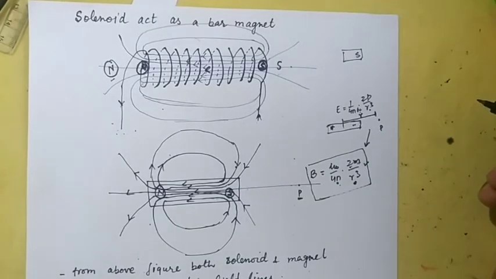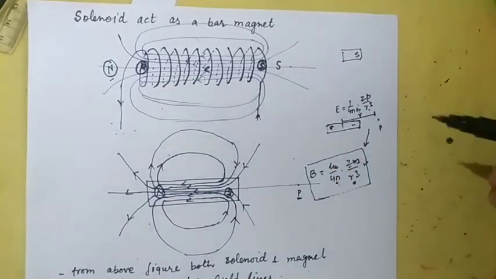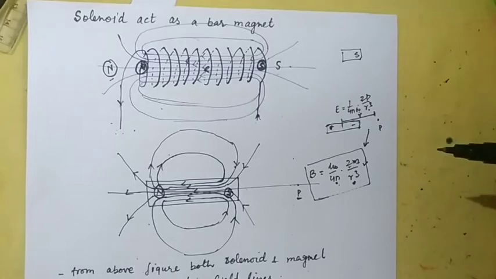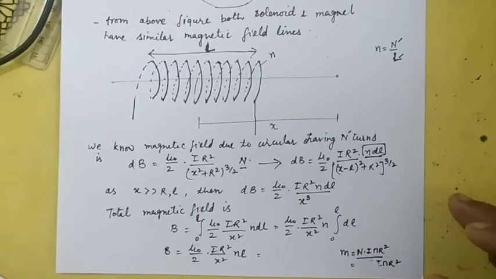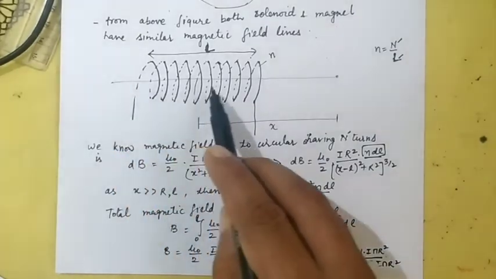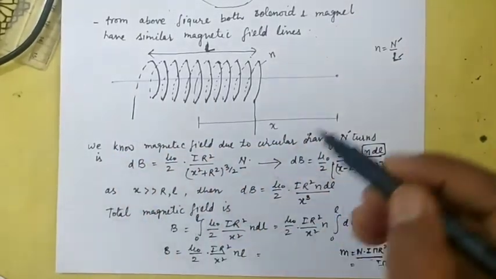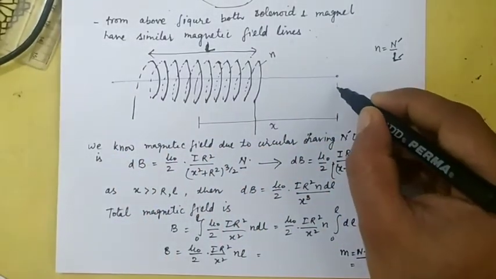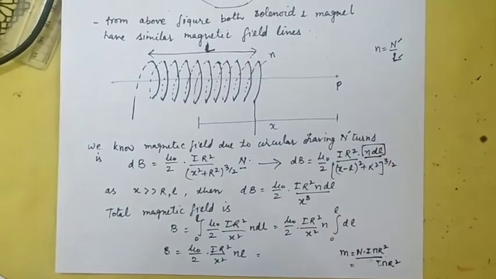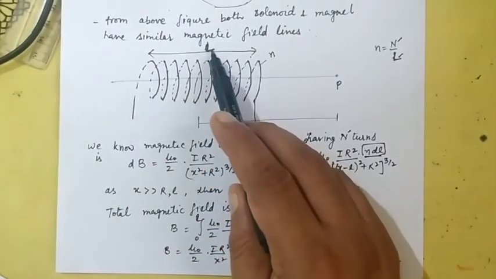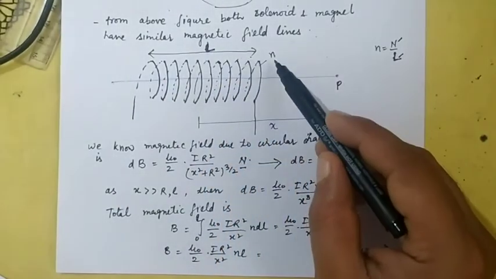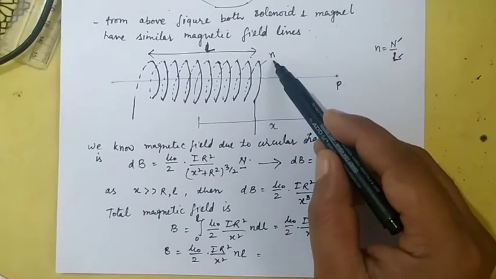Now let us find out the magnetic field on the axis of the solenoid when the point of observation is very far. To find the magnetic field on the axis line of this solenoid at a certain point P, which is very far away, I consider a solenoid having length capital L and number of turns per unit length small n.